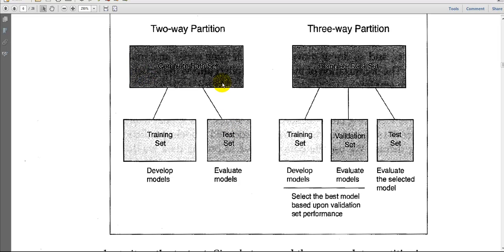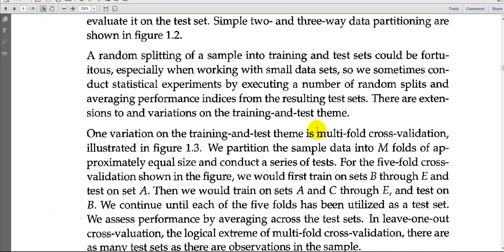Then you choose a different part for testing and the other 9 for training. You rotate, and then you can average the results of all of them. So that might be a better way to do it, and that's called cross-validation, or he calls it multifold cross-validation.